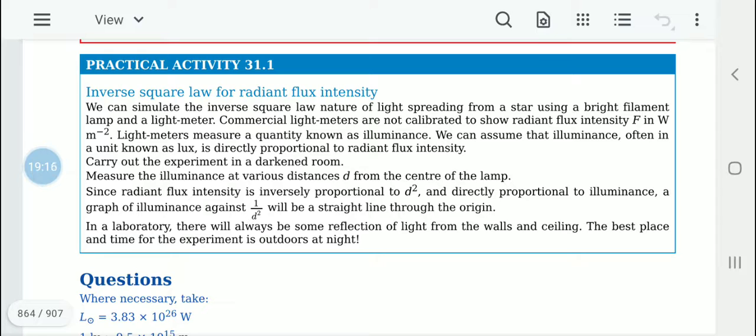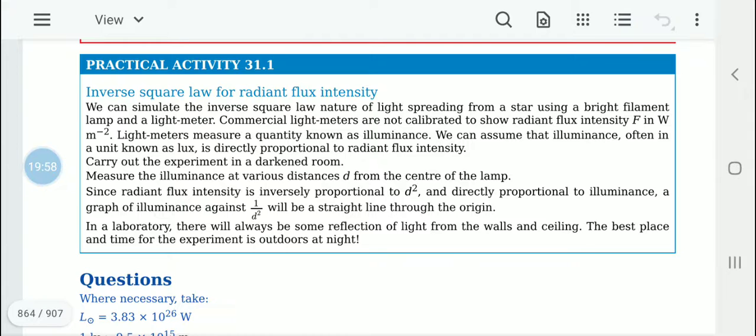In commercially available light meters, they don't show radiant flux intensity in watts per meter squared, but they measure a quantity known as illuminance. My apologies, illuminance. So illuminance, in a unit called lux, is directly proportional to radiant flux intensity.